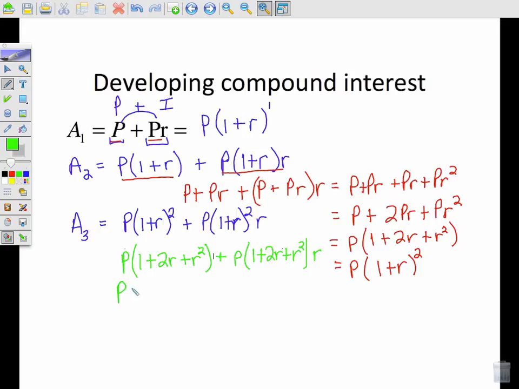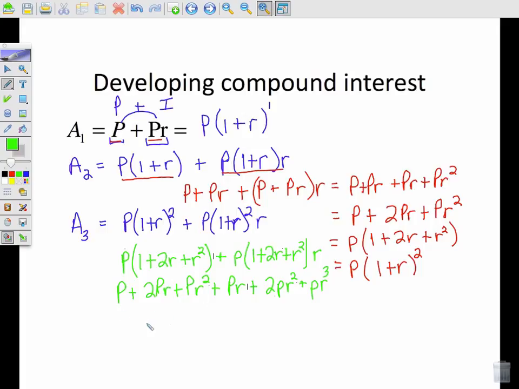I'm going to distribute the P on the first one. So you have P plus 2PR plus PR to the second, plus, I'm going to distribute the P and the R at the same time on this one, so plus PR plus 2PR squared plus PR to the third.